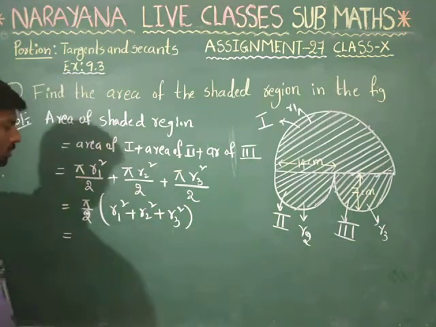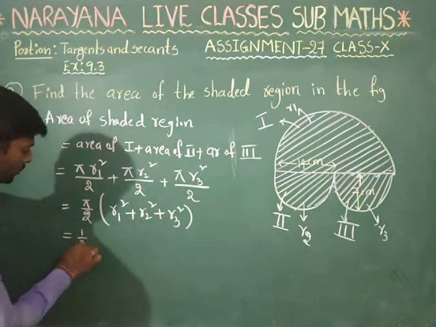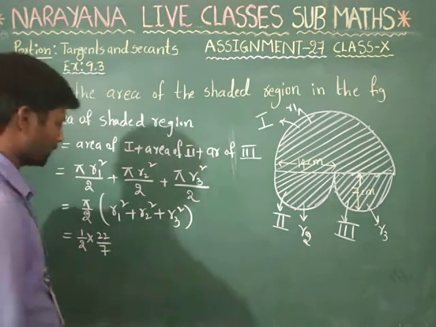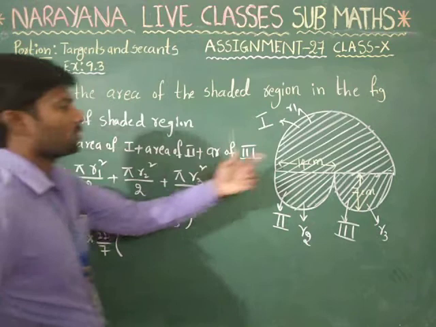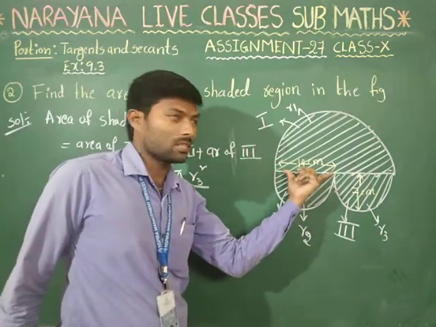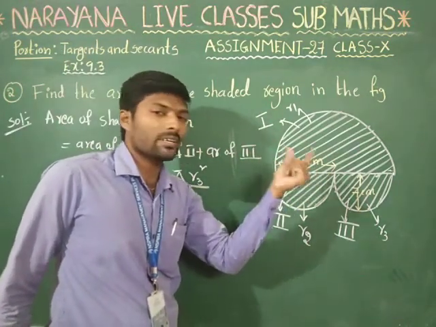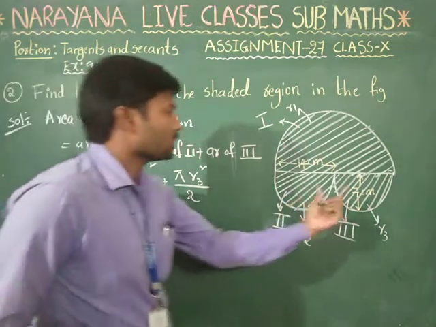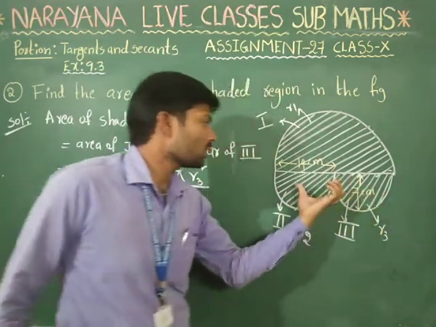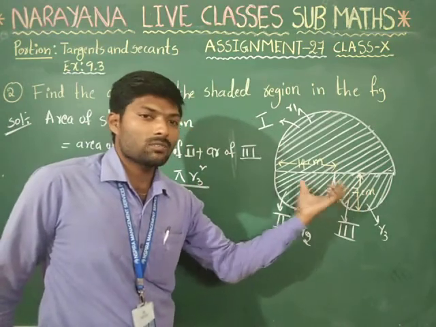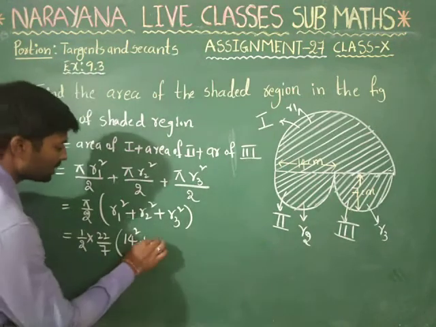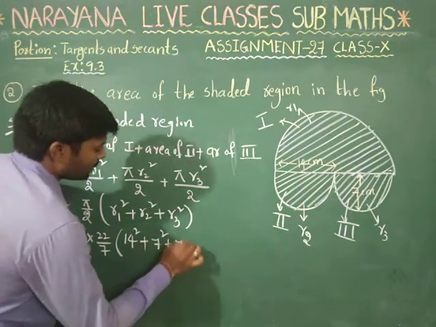Now to substitute, pi is 22 by 7, so 1 by 2 into 22 by 7 of r1 square plus r2 square plus r3 square. r1 is the radius of the big semicircle, so 14 is r1, that is 14 square, plus r2 is 7 centimeter. Both are equal semicircles with the equal radius, that is 7 centimeter, so 7 square plus 7 square.